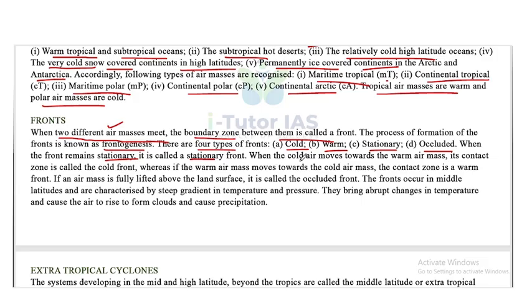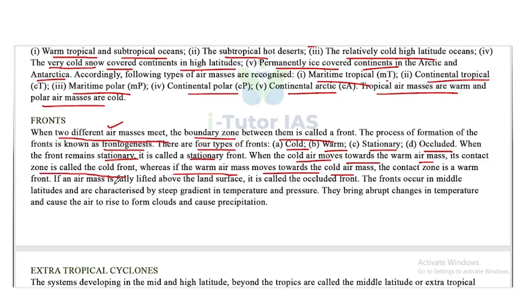When the cold air mass moves towards the warm air mass, its contact zone is called cold front. Whereas if the warm air mass moves towards the cold air mass, the contact zone is called warm front.